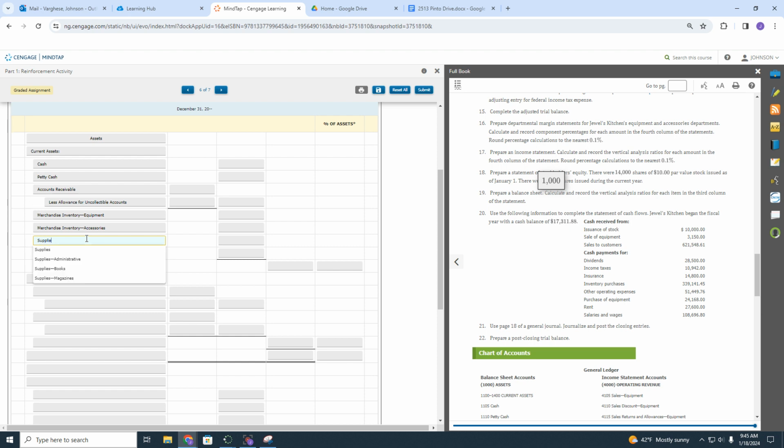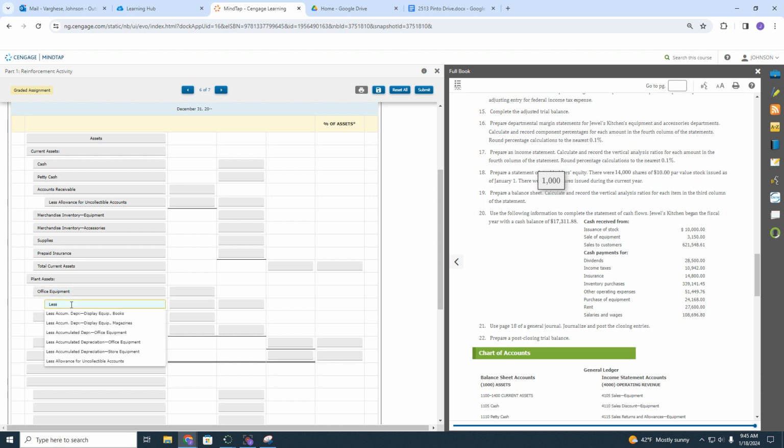Then I'll list out my supplies, prepaid insurance, and I'll have my total current assets. And then I'll list out my plant assets. So my fixed assets, that's just going to be my office equipment, less the accumulated depreciation on my office equipment.